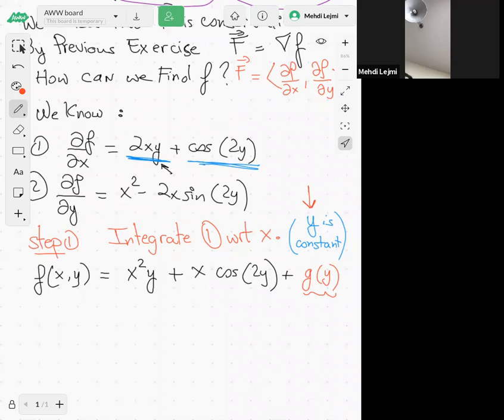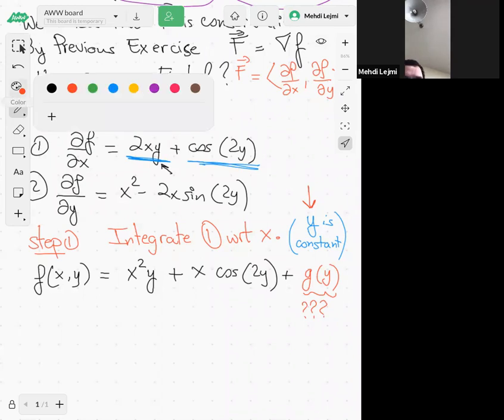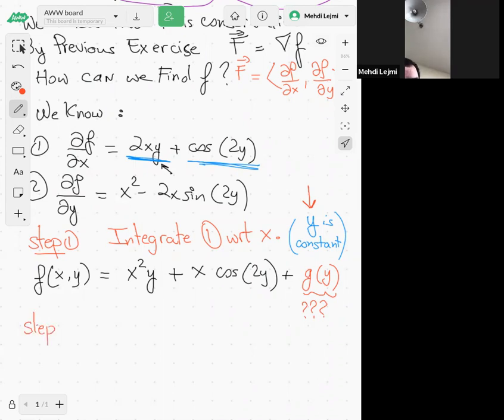Okay, now the problem is, what's this function of y, right? And that's where we're going to use the second equation. So step number 2. What we do is we derive f of xy obtained in step 1, and compare the derivative.